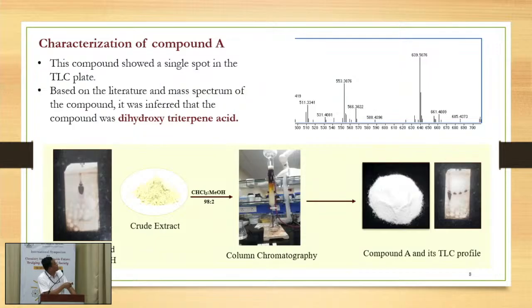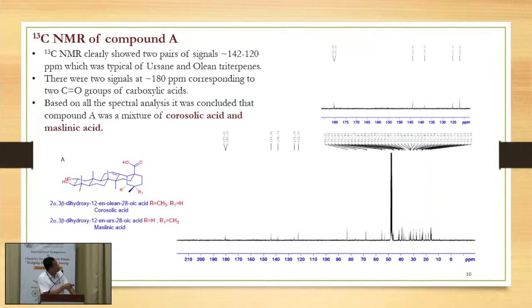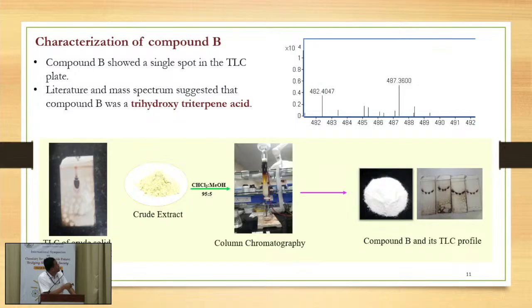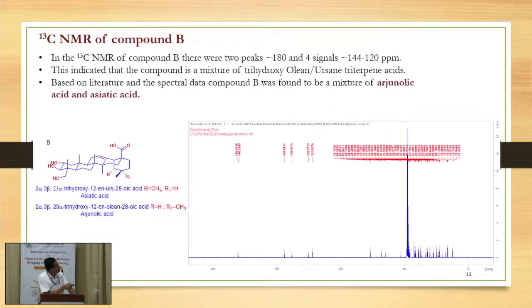For the characterization of compound A, we did LCMS mass spectrometry, and we came to know that this compound was a mixture of dihydroxy acids, that is corosolic acid and maslinic acid. Coming to the characterization of B, we again recorded the mass by LCMS and came to know that this compound is also a mixture of arjunolic acid and asiatic acid.